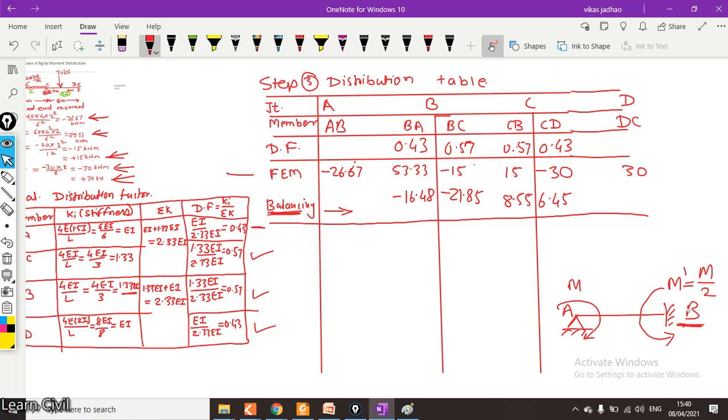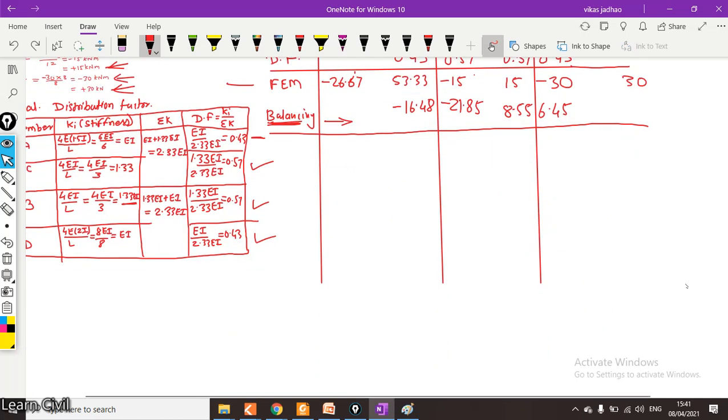So this is called carryover. This 1 by 2 or 0.5 is considered as the carryover factor.